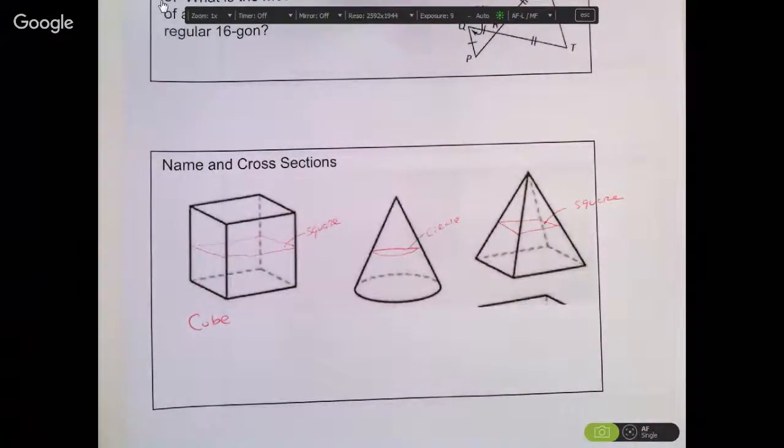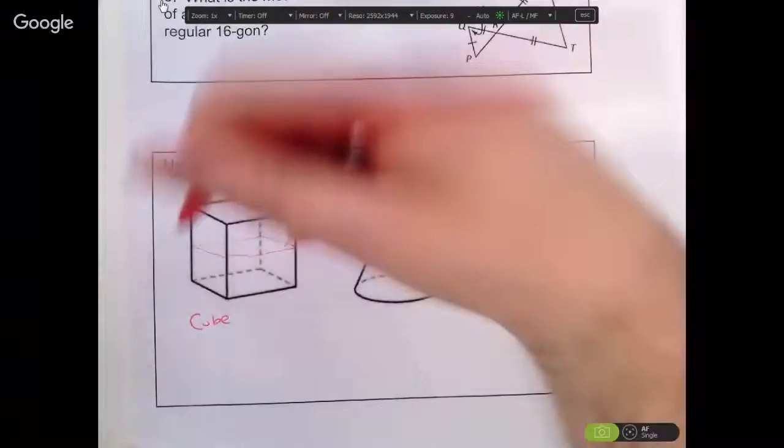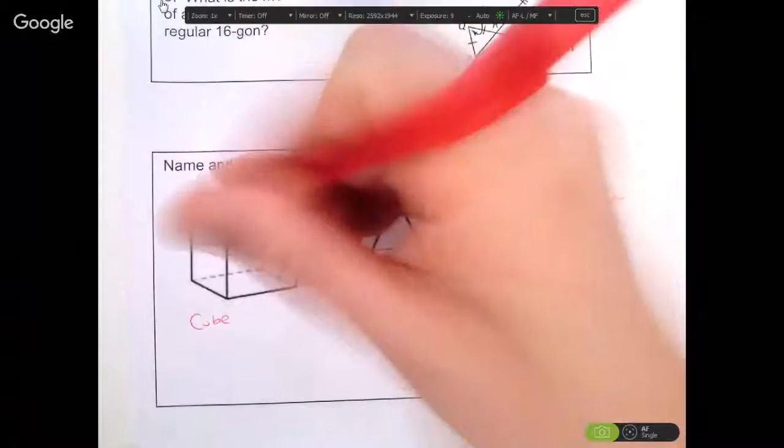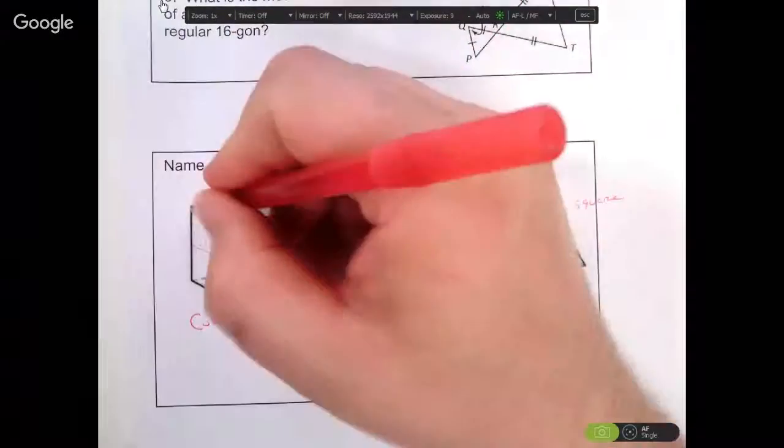This is where it gets mind-boggling. What if I don't cut it parallel? What if I cut it at 45 degrees? If I cut it 90 degrees, it's the same as the face. But if I cut it this way, and I'm going to recommend you stop drawing because this is going to get ugly, yes, this is an iReady topic.